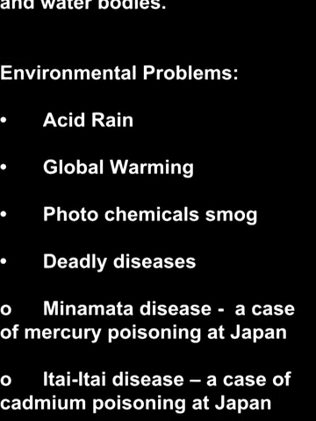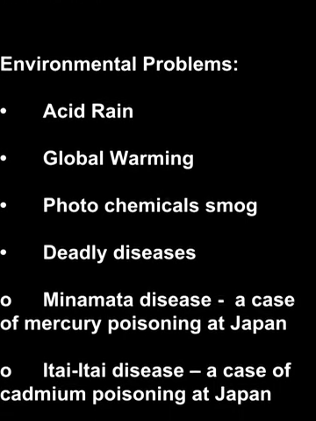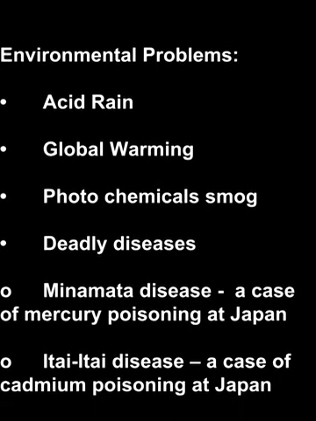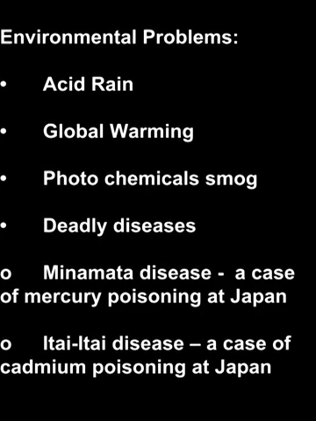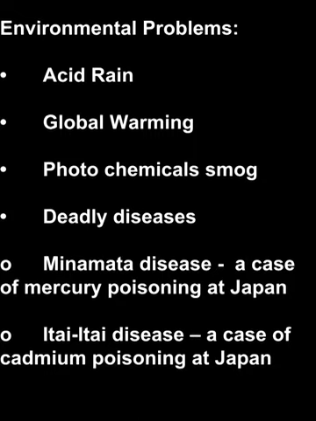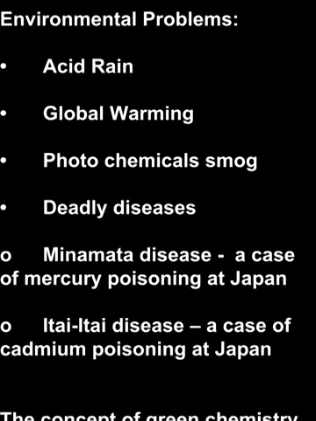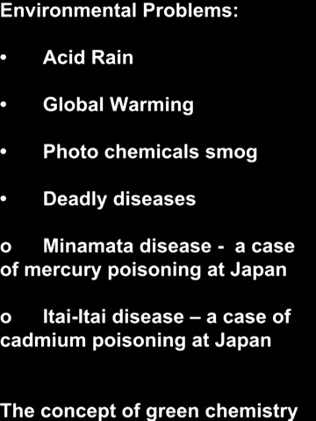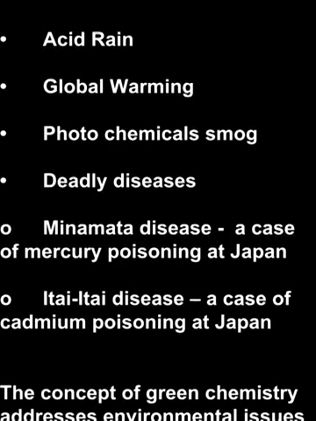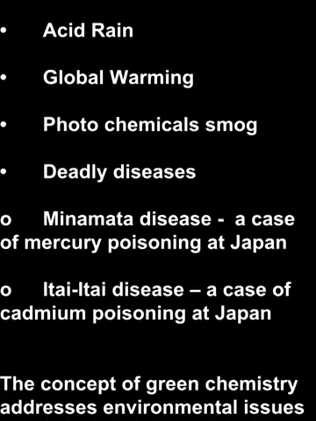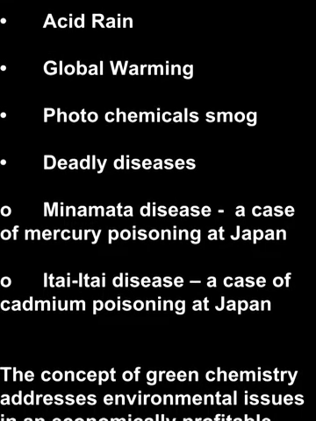It was found that the waters of Minamata Bay were polluted for more than 30 years by the dumping of an estimated 27 tons of mercury by Chisso Chemical Company. This company was using mercury chloride as a catalyst for the production of acetaldehyde.